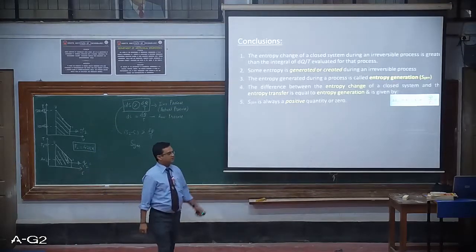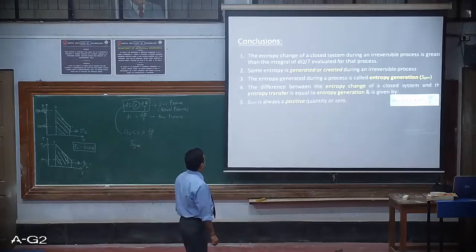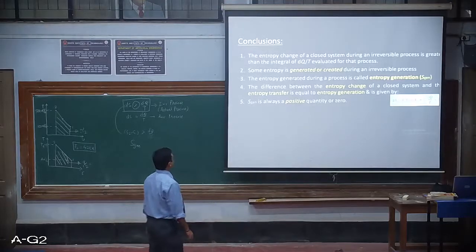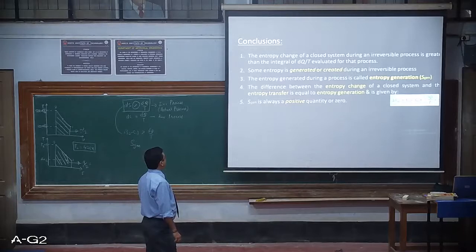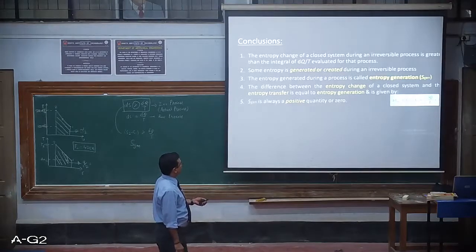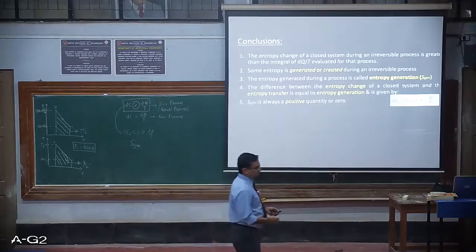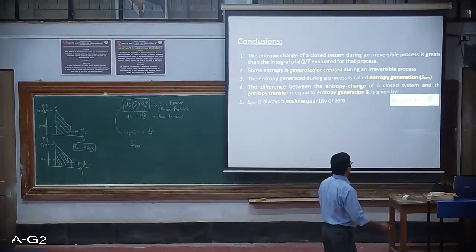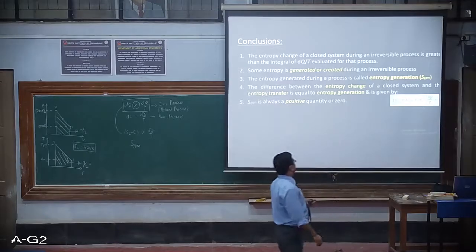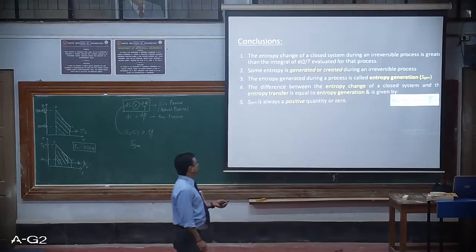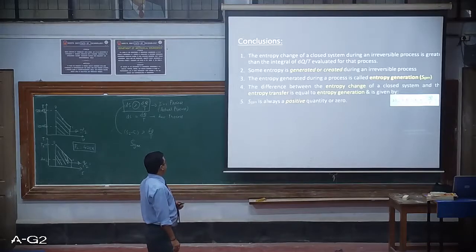This also we have covered. Now the difference between entropy change of a closed system and the entropy transfer is equal to entropy generation and is given by the equation delta S of the system. We will define how we are going to consider this change in entropy and how we are going to write this.